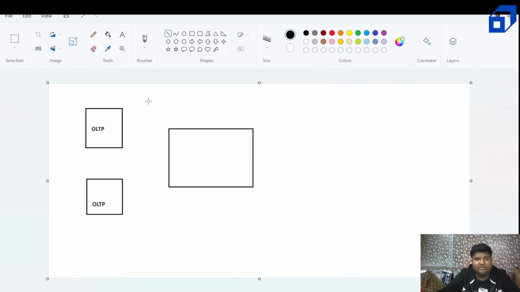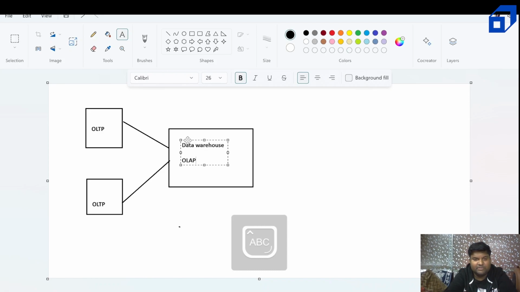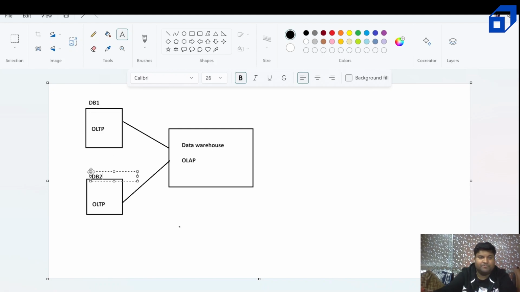You can connect different databases to a data warehouse. This is nothing but a data warehouse, which is an OLAP system. These are my DBs, database 1 and database 2. I'm moving the data from database 1 and database 2 to my data warehouse.